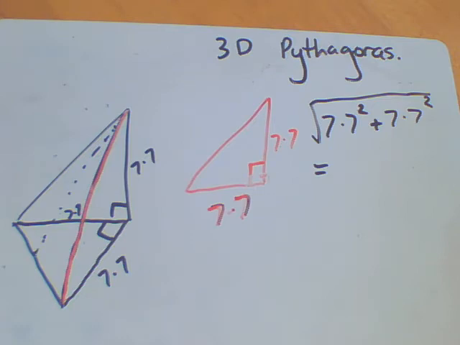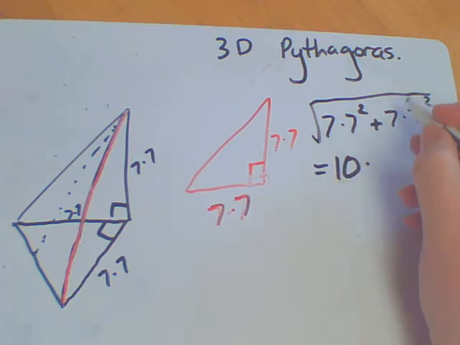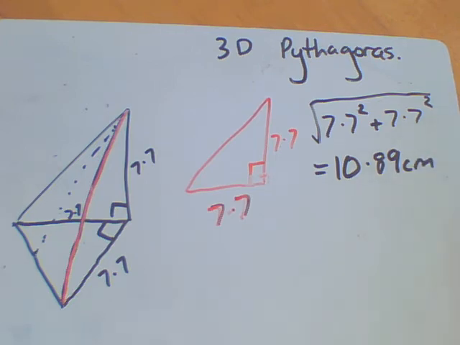Have a go at working that out now for me. And that's going to give you an answer of 10.89 to 2 decimal places. If you can use your answer button on the calculator, then do it.